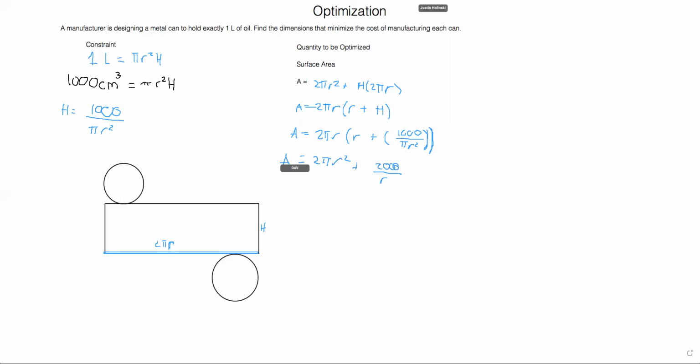Okay, so that's that. Then we're gonna take the derivative of this equation and then set it equal to 0.